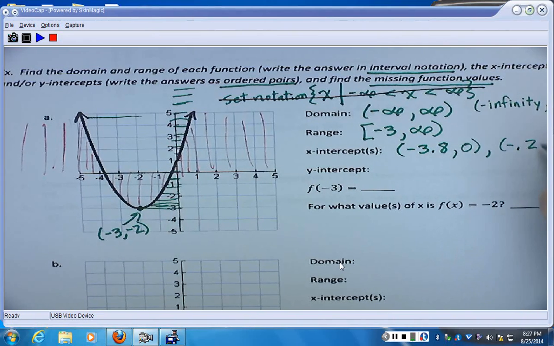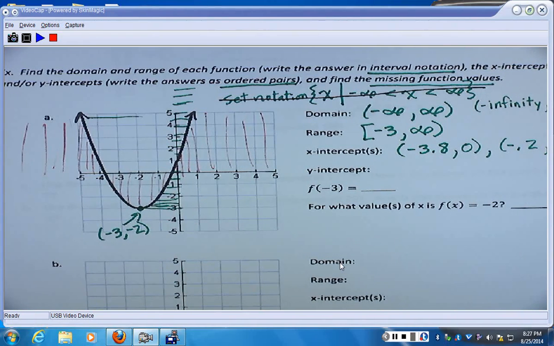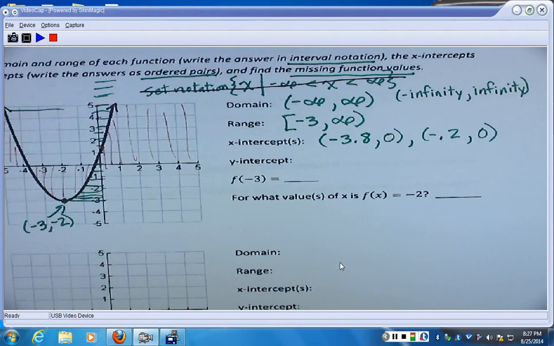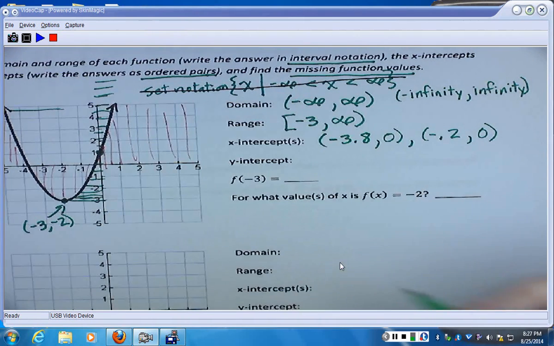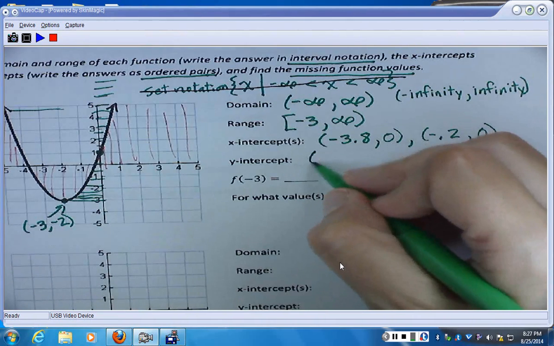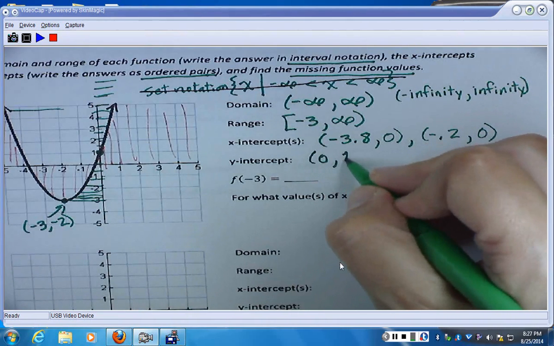That's fine, comma 0. It's okay that you can't read it as crossing at a point. Y-intercept looks like it crosses right at that. So what's the y-intercept? 0, comma 1.